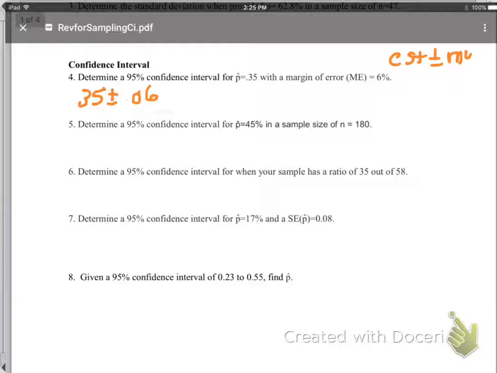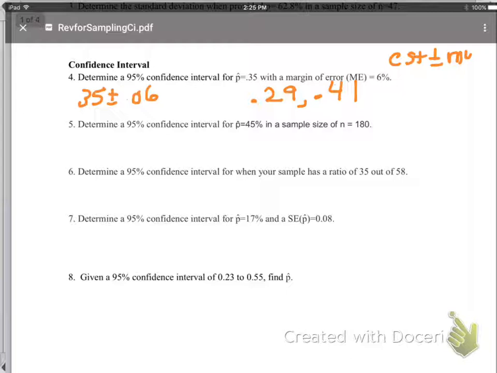So I subtract 0.06 and I get 0.29, comma, and I add it and I get 0.41.